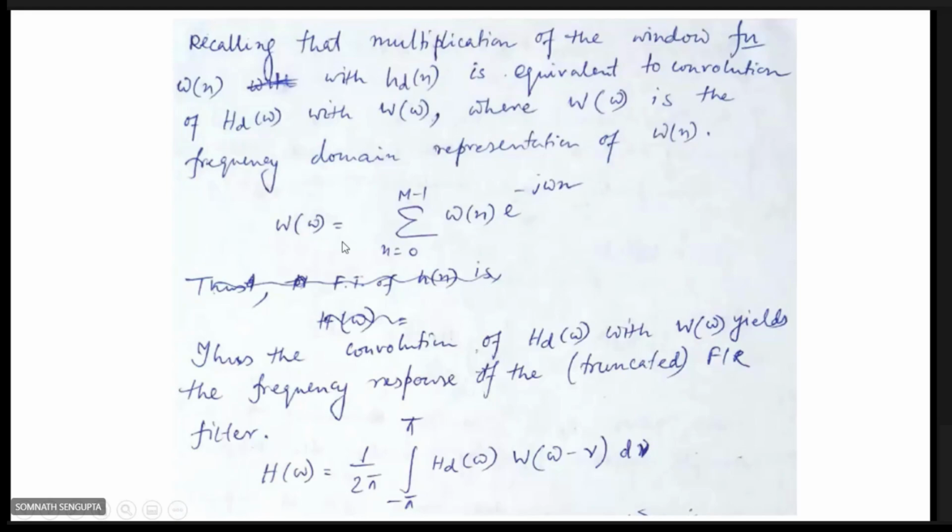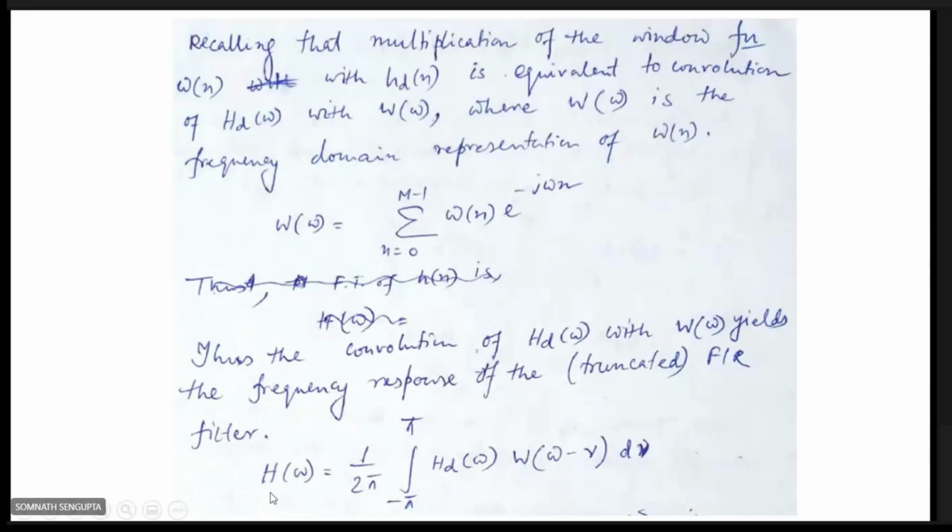W(omega) should be convolved with the frequency domain representation Hd(omega), which is given. So perform convolution between the desired filter characteristics Hd(omega) and the frequency domain representation of the window, W(omega).